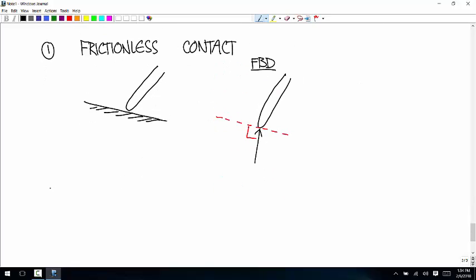The other joint in this category is a roller. And when I say a roller, I mean like a roller ball that can roll in any direction. So you can think of this as like a ball, not a wheel. Why do I want to exclude wheels from this?